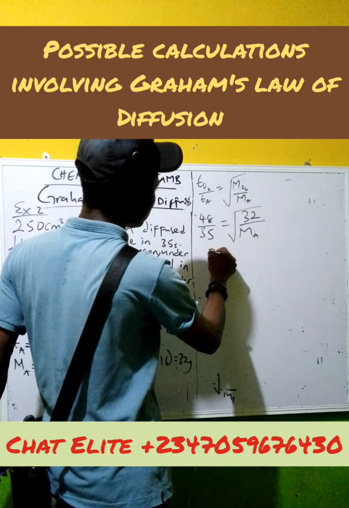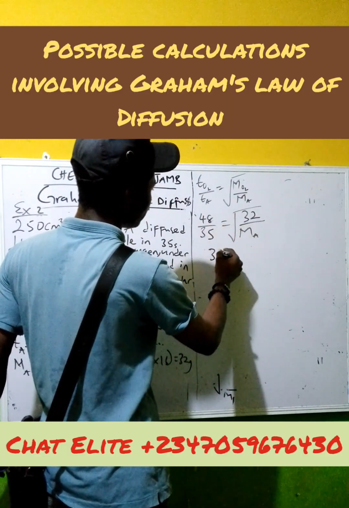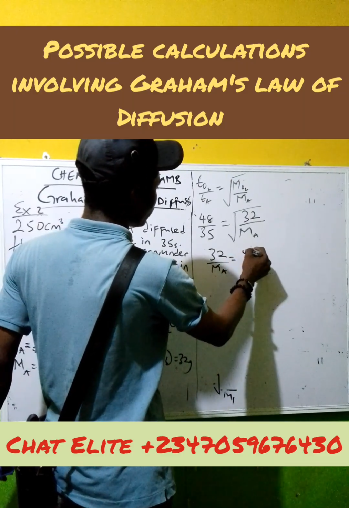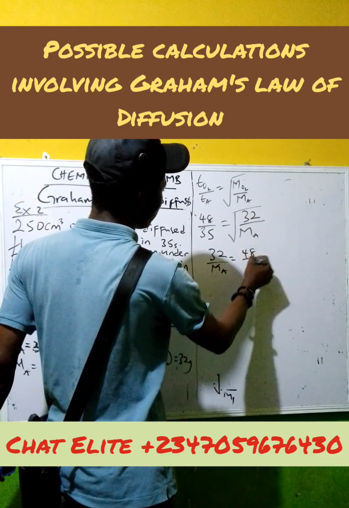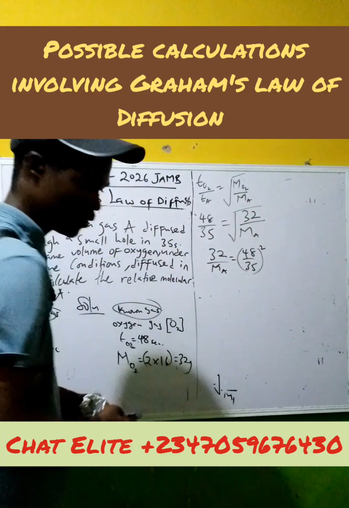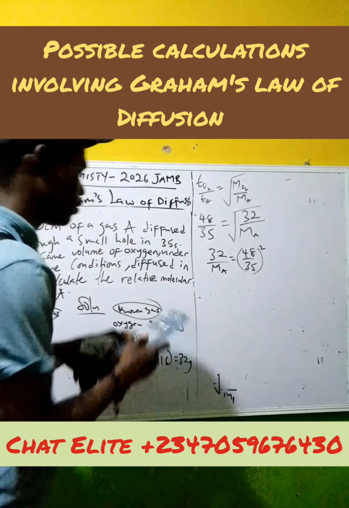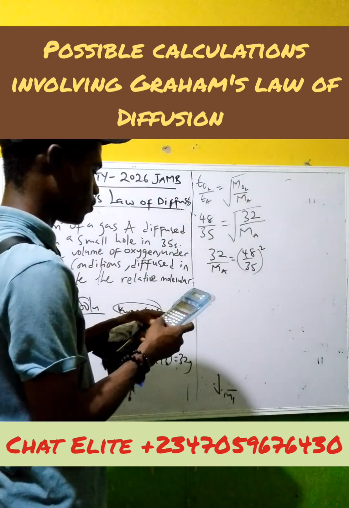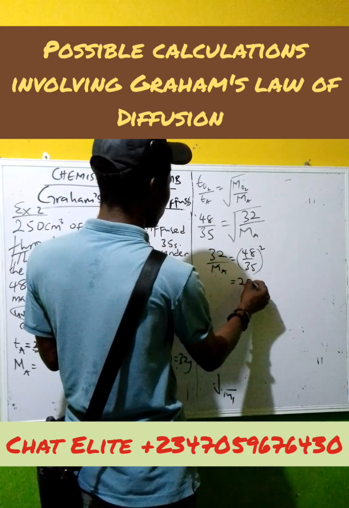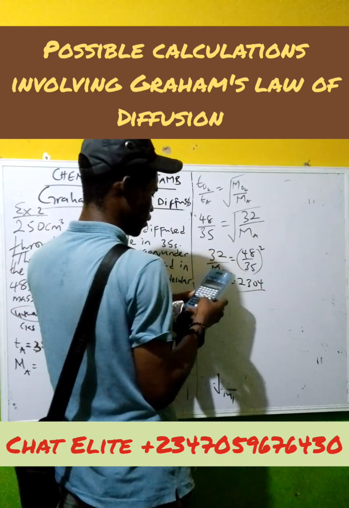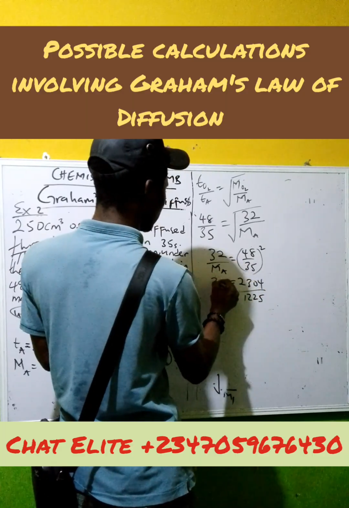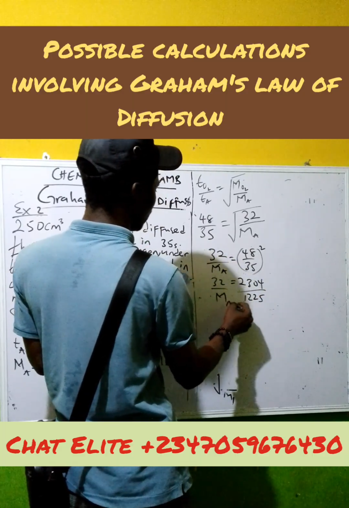At this junction, we can just square both sides. It becomes 32 over MA is equal to 48 over 35, squared. By the time you square both sides, the square root is gone. So 48 times 48 gives us 2304 over 35 times 35, which is 1225, equals 32 over MA.